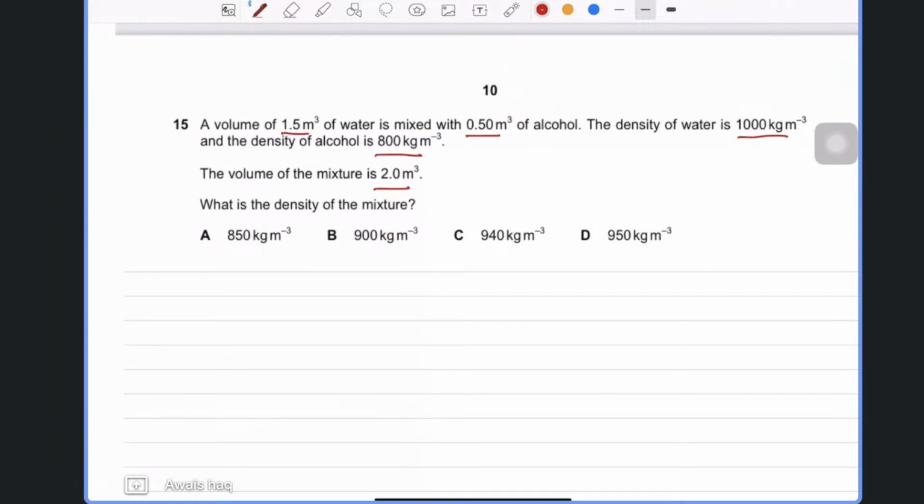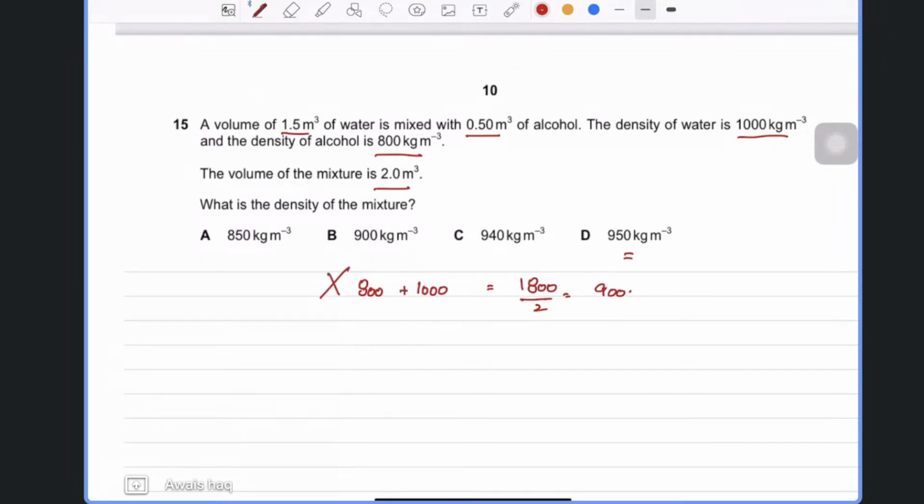So most people would do 800 and then take 1000, which is 1800, and then divide by 2, which gives you 900, which is absolutely wrong.